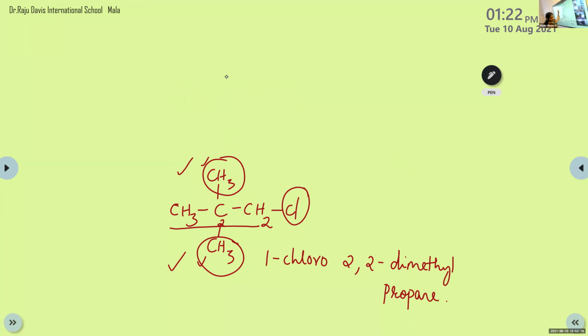Then another example. CH3, CH3, CH2, Cl.